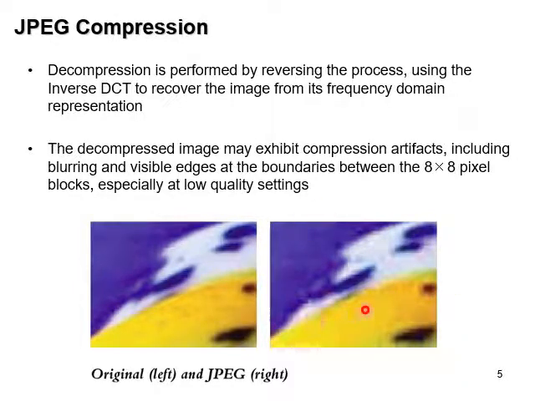Sometimes when you look at the JPEG compressed image, you'll find it looks like you have those blocks. If you zoom in on this image, you will see those blocks, and especially this will appear at low quality, low resolution images. So these are some issues in JPEG compression that were later overcome using other techniques, as we will see later.